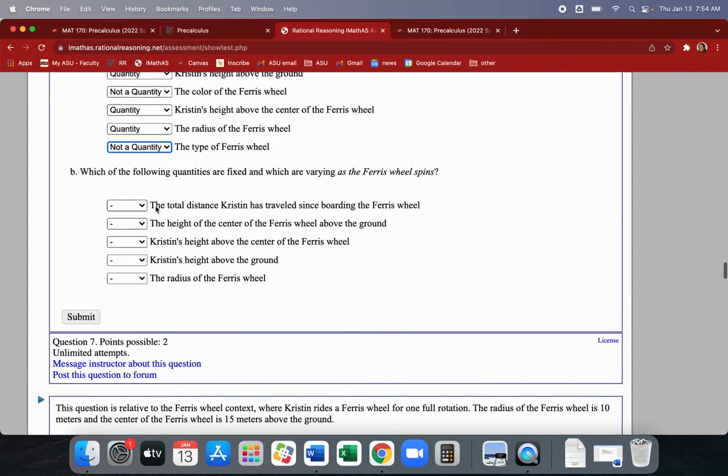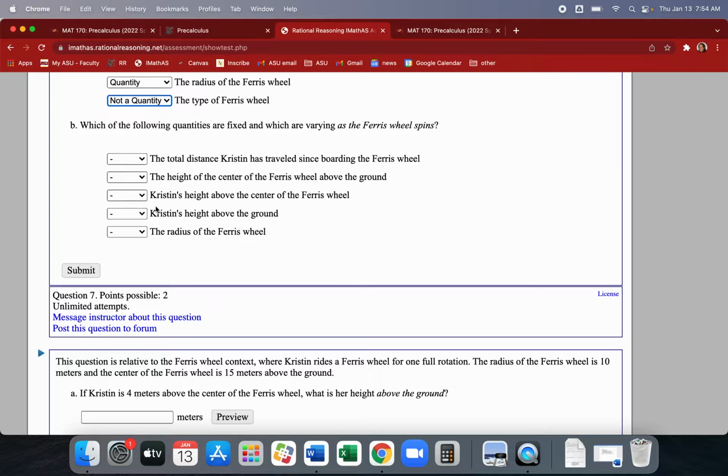So it says, which of the following quantities are fixed and which are varying as the Ferris wheel spins? So it's telling us that all of these are quantities. So of these 5: the total distance Kristen has traveled since boarding the Ferris wheel, the height of the center of the Ferris wheel above the ground, Kristen's height above the center of the Ferris wheel, Kristen's height above the ground, and the radius of the Ferris wheel.